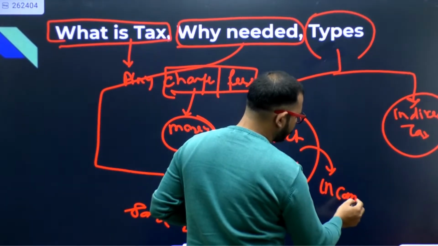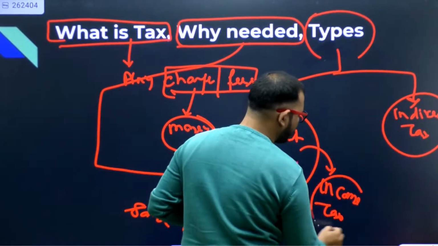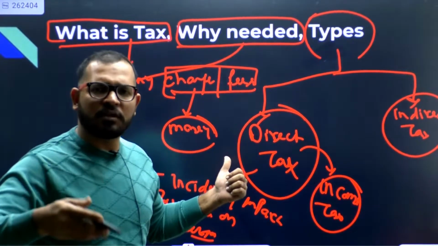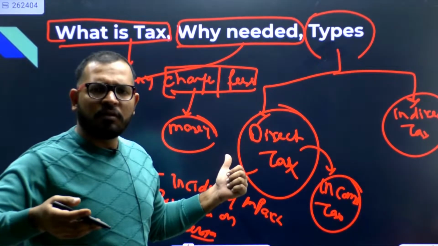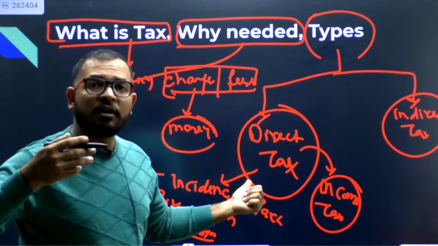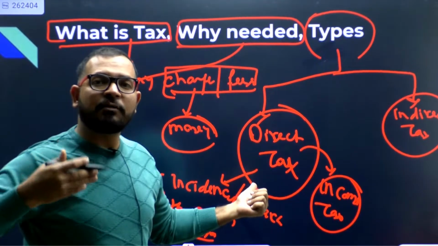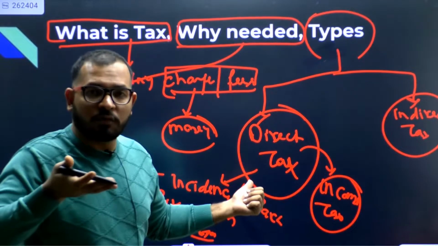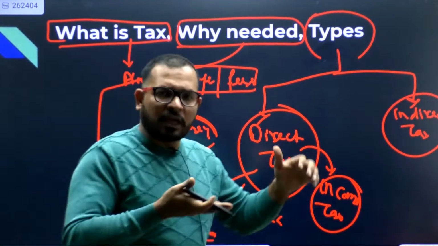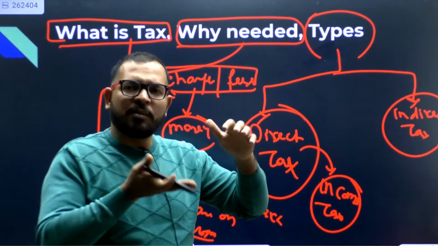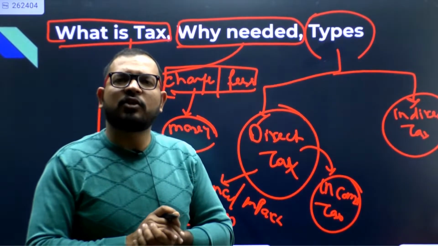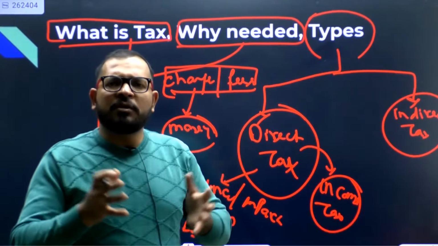Income tax. Who is paying? You are paying. I mean your father, your mother, your brother is paying. That is the incidence. And who is bearing that burden? You, because your salary, ultimately your income, is deducted. Let's say you are in the income tax slab where you have to give 5% income tax. Let's say your income is 5 lakh.